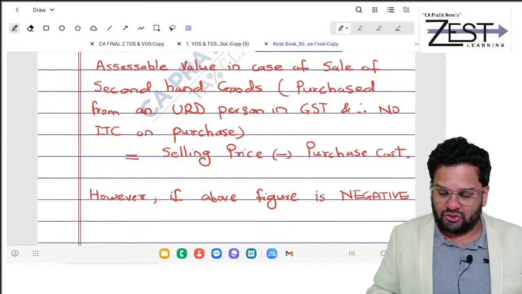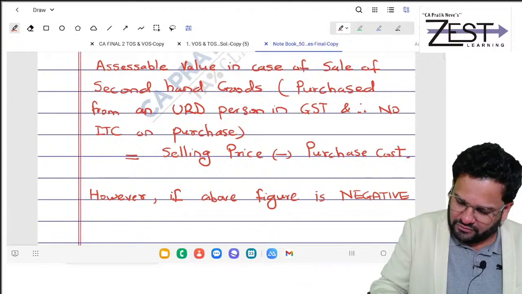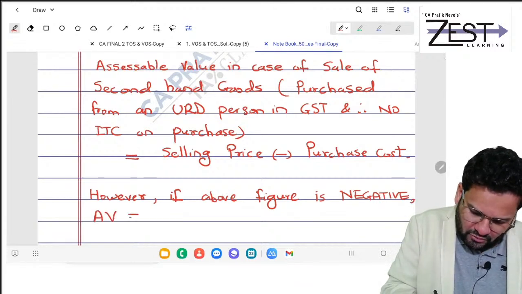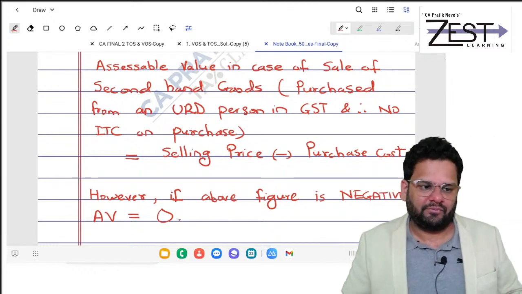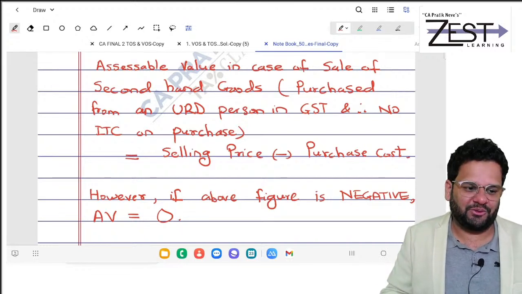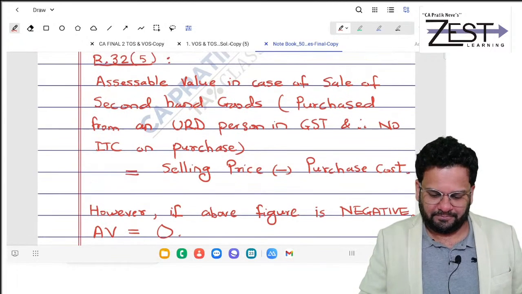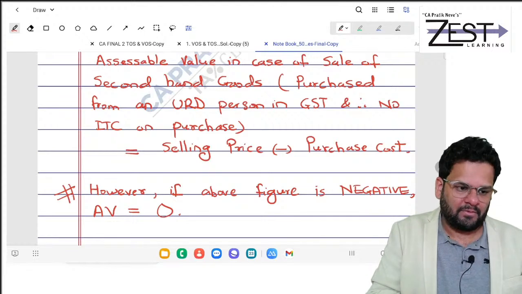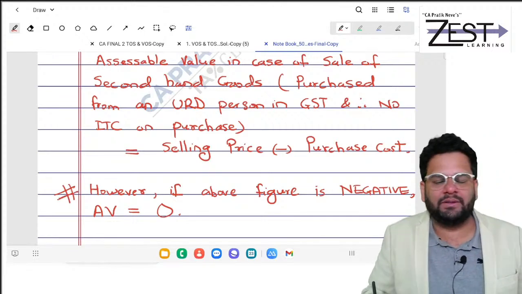So it could be negative. If the above figure is negative, assessable value will be 0. It will be nil. As you complete it, say D in the chat window. It's a very obvious point. There cannot be negative assessable value. So assessable value will be 0.